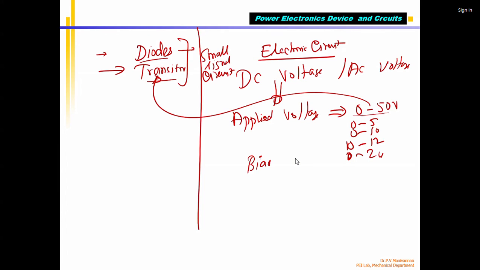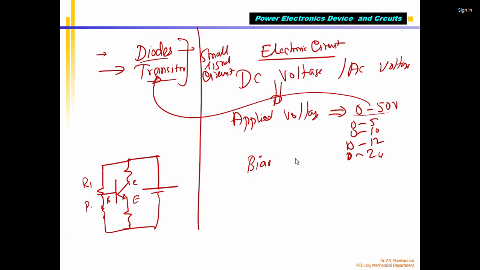Those are transistor circuits, amplifier circuits. We saw an amplifier circuit; again I will redraw it for your ease. This is emitter, this is collector, this is base. I say this is base resistor R1, R2, RC. And we are supplying, for example, plus minus 12 volts.